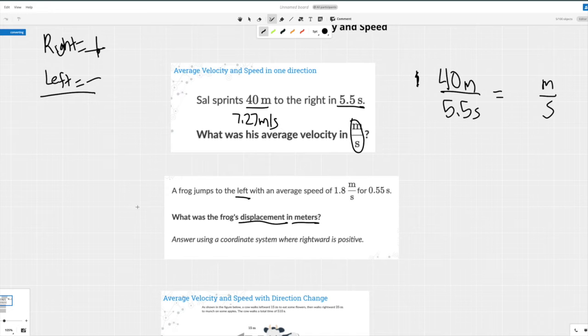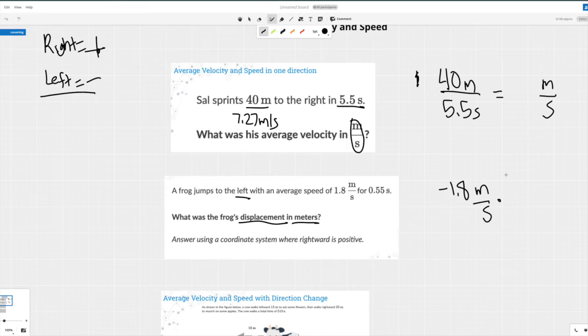So our velocity is going to be negative 1.8 meters per second times time. And time is 0.55 seconds.